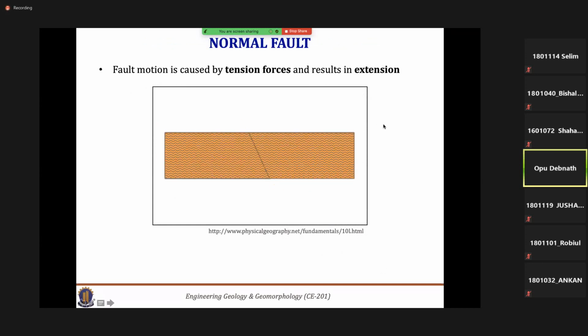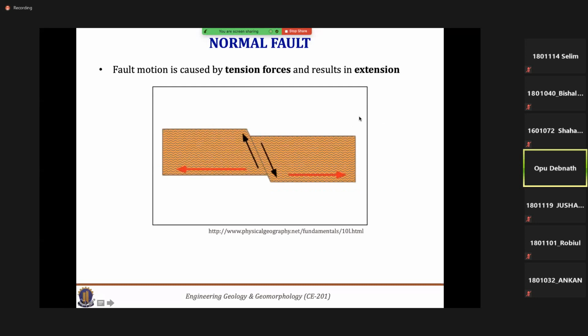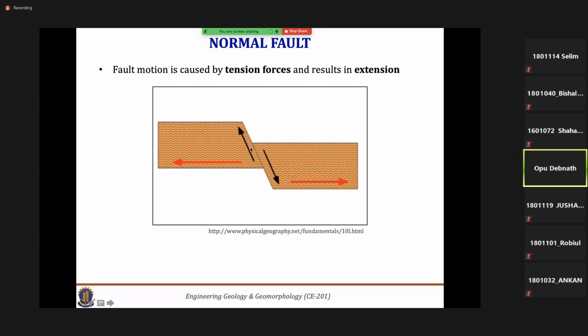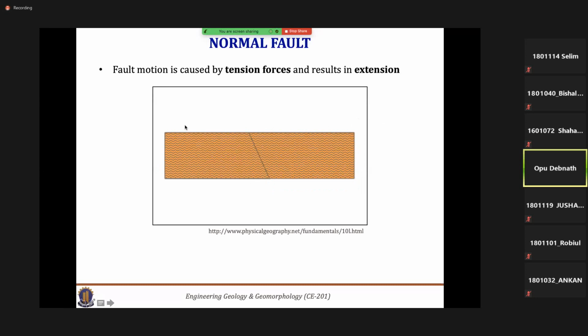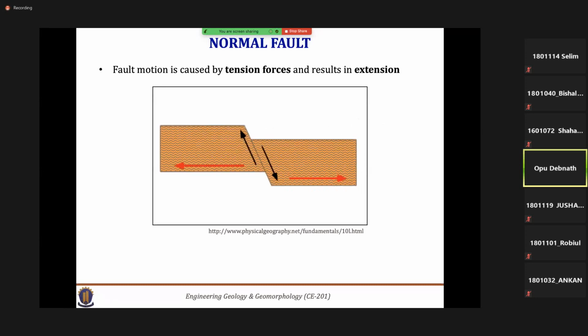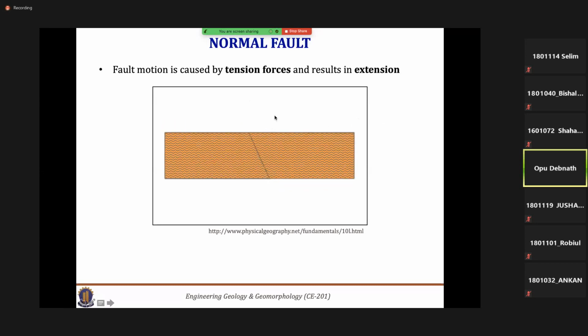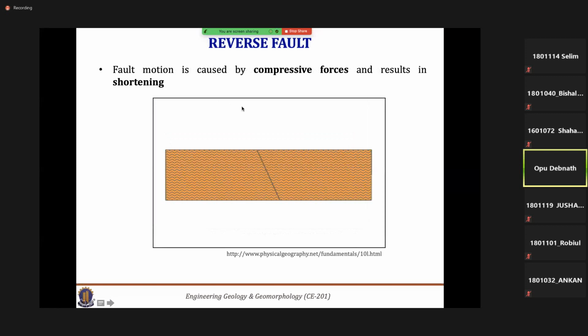Such types of movement are what we showed in continental drift or converging. The fault motion is caused by the tension force and results in extension. So this type of configuration is known as the normal fault. And the next one is the reverse fault.